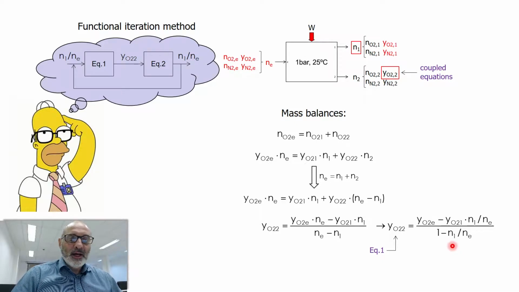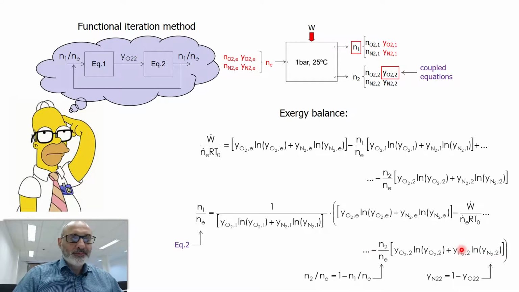We're going to estimate how much of the input flow rate I'm going to recover at exit number 1. So 70%, 60%, 50%, I'm going to estimate this number. So I'm manipulating this exergy balance equation in order to isolate this term, N1 divided by Ne.